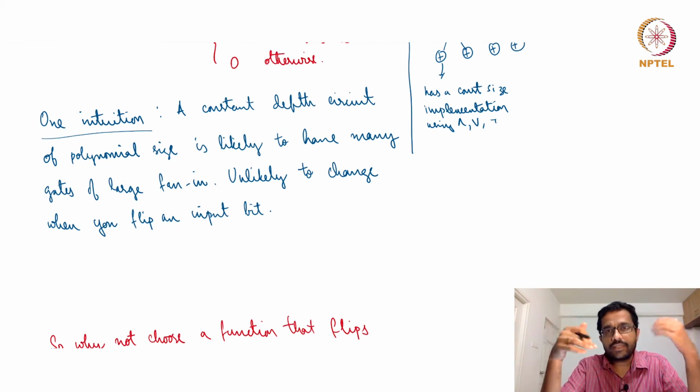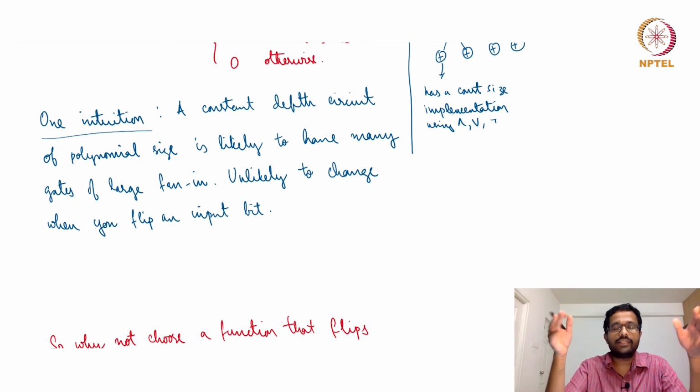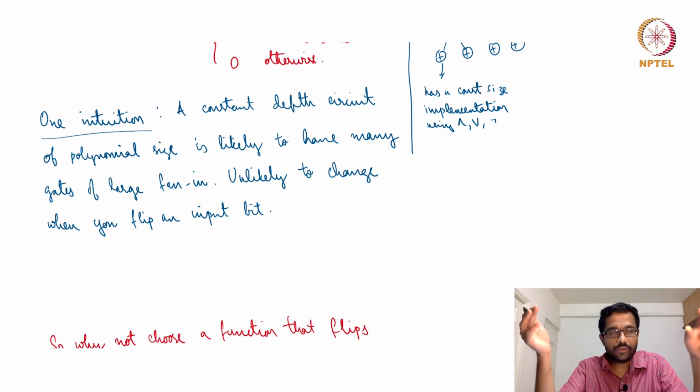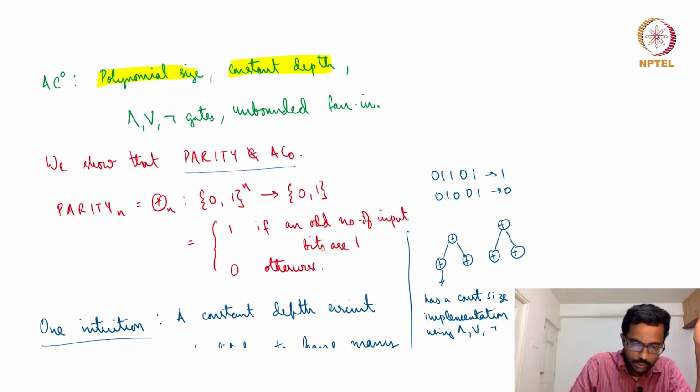This is the intuition: for most input bits, flipping them doesn't change the output. That gives us an intuition why parity is unlikely to be in this class, because the parity function depends on the number of input bits being odd, in which case the output is 1, or even, in which case the output is 0, whatever the input. So here I said two.